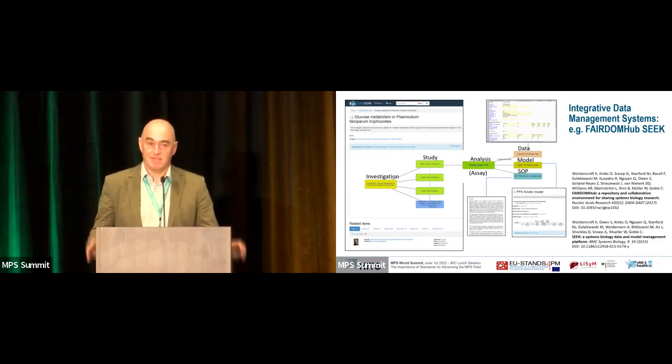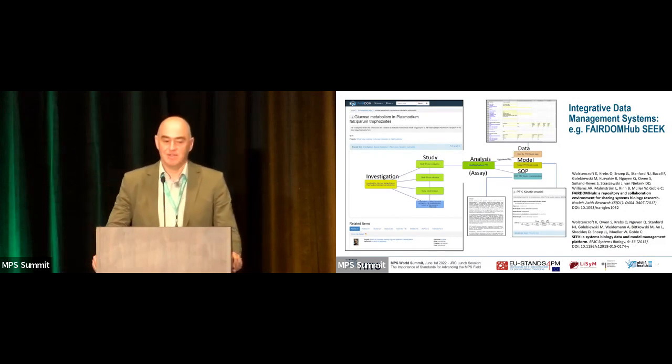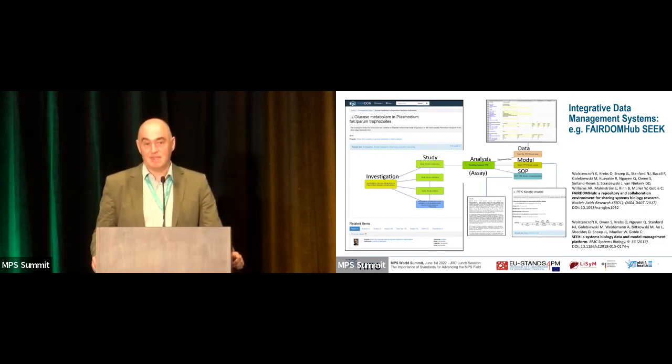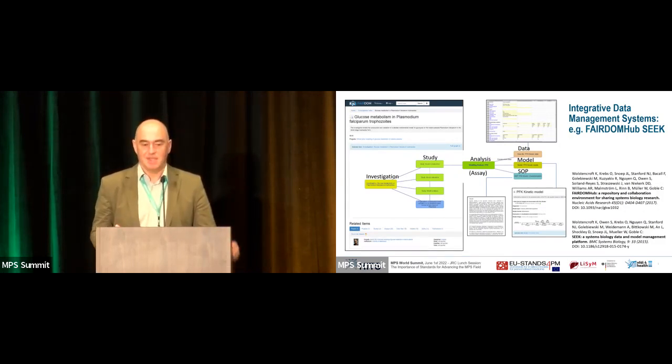So there's a standard even for that, the ISA standard, investigation study assay standard, that can be used here and that we have implemented in the system. And there you can then find actually the data that you are looking for. So it's also implementing controlled access and all that I mentioned for the challenges in the beginning.